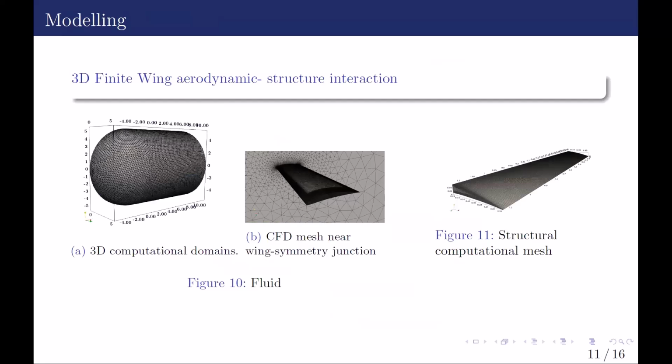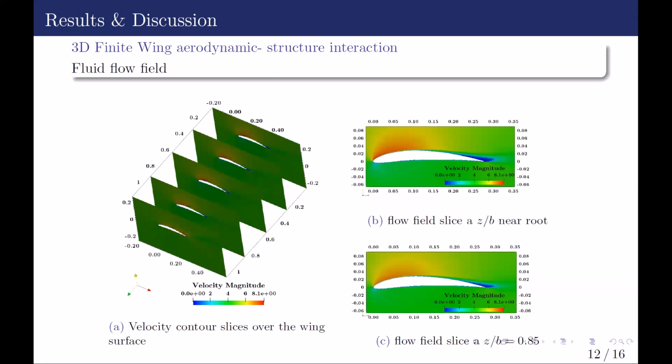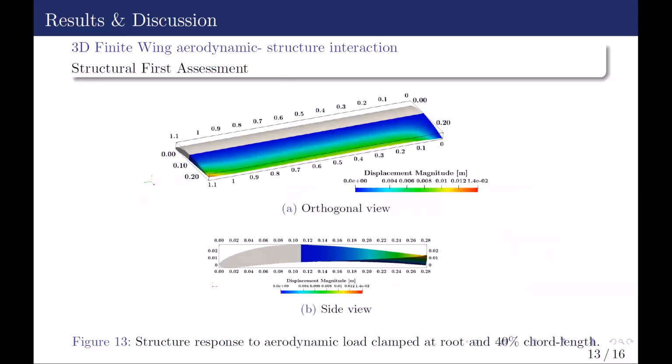We tried to do the same two-dimensional work in three dimensions also, but this is still ongoing work that I still have to validate, in which I had to solve the flow around the whole wing instead of just a two-dimensional one. With some conditions: the wing at the root is clamped, and the 40% area here is also a clamped boundary condition.